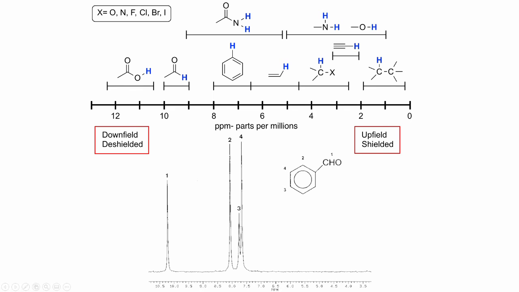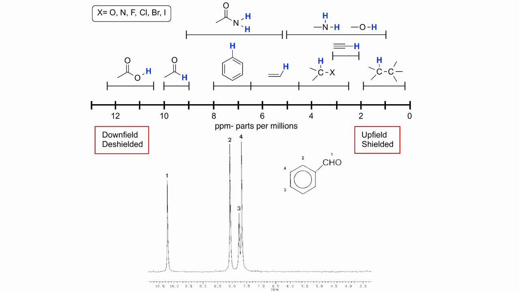One connected to the aldehyde, the two here that are closest to the aldehyde, the two here that are slightly further away, and then the one here that is the farthest. Remember, because we can cut this molecule in half and have symmetry, these two hydrogens on these sides are equivalent. So they should give us the same signal.